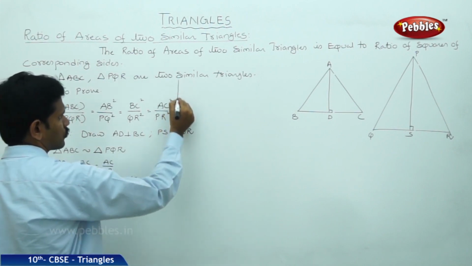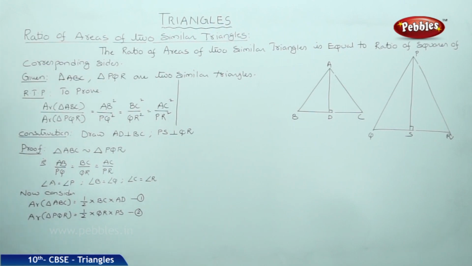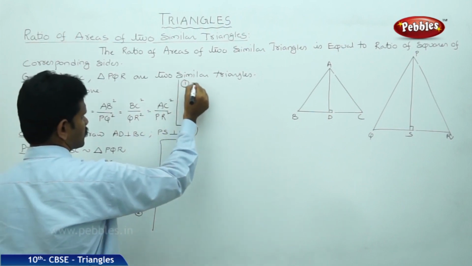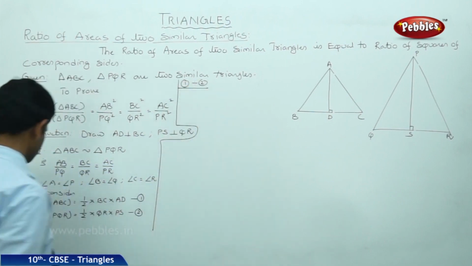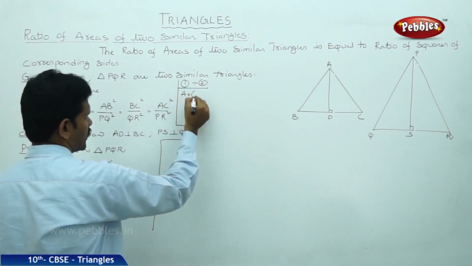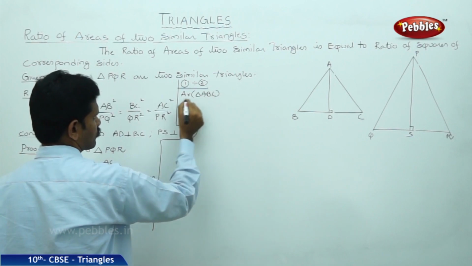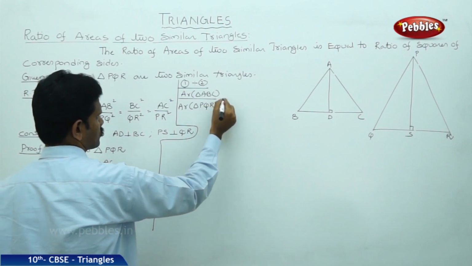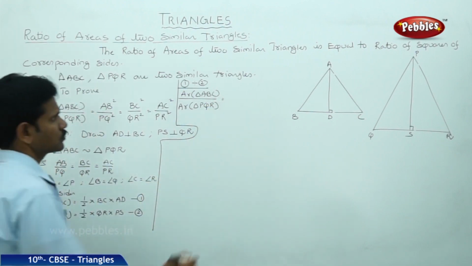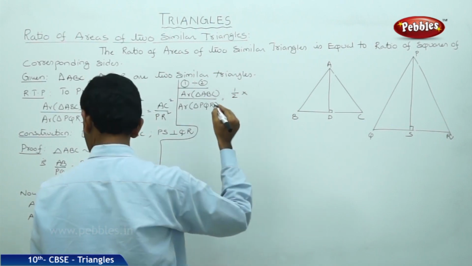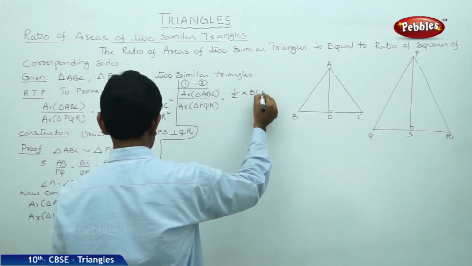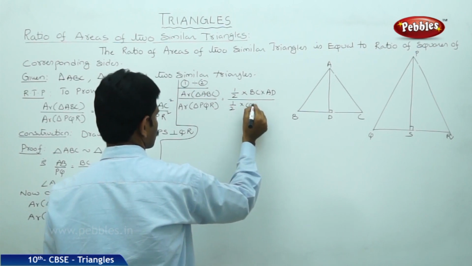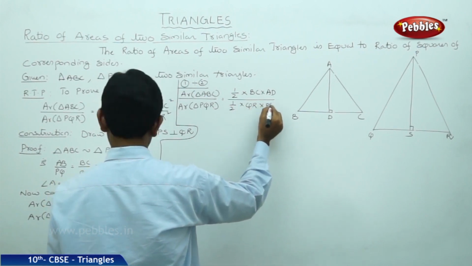Now equation 1 divided by equation 2: area of triangle ABC by area of triangle PQR is equal to half into BC into AD by half into QR into PS.